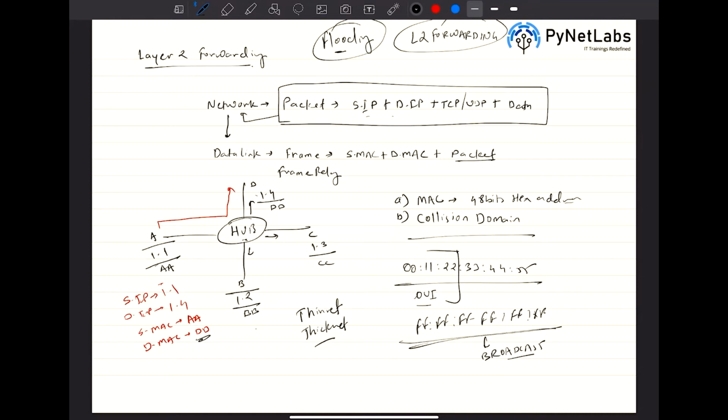We call ThinNet 10BASE2 and ThickNet 10BASE5, which means they are all Ethernet and run at 10 Mbps. So these two types of connectivity kind of caused issues.